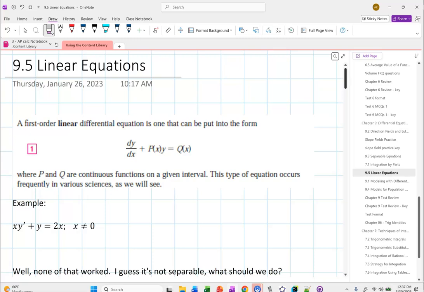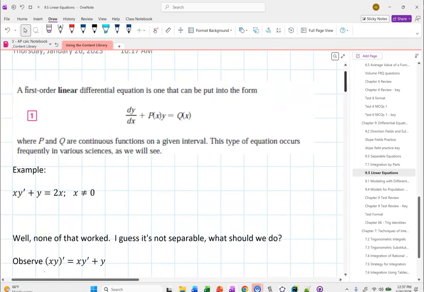All right. Now keep in mind P and Q are just functions of x respectively. So let's take a look at this differential equation here: x times the derivative of y plus y is equal to 2x for x not equal to 0.